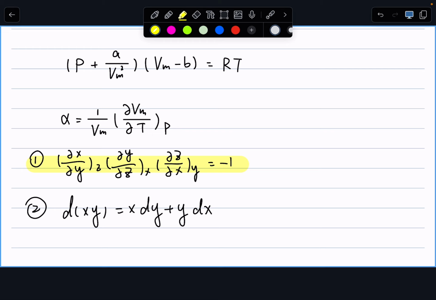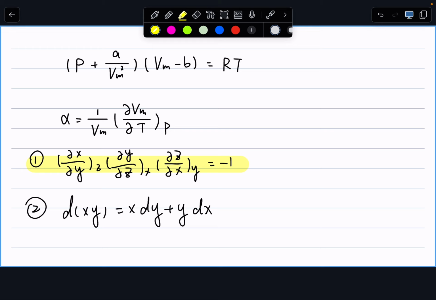And then we're ready to take our equation 1 and equation 2 back to this relationship and solve for our partial derivative of Vm over T at constant P. So at the end, we have the partial derivative of Vm over T at constant P times our first equation, which is this one, (Vm minus B) over R, and then the second term, which is this whole thing, negative RT times 1 over (Vm minus B) squared plus 2A over Vm third.